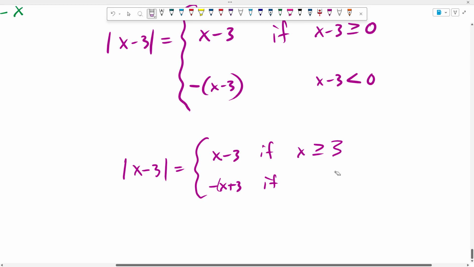All absolute value functions are piecewise functions, right? They look like a V. There are two different pieces.